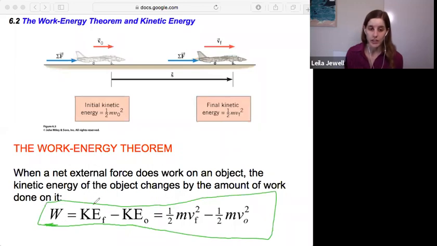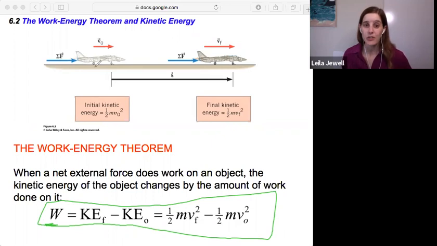And that can be calculated in terms of the overall kinetic energies if you know them, or with our kinetic energy equation, 1/2 mv squared. So that's depicted up here in the example with the jet, that the jet has a net force acting on it, and that is in the direction of the displacement.